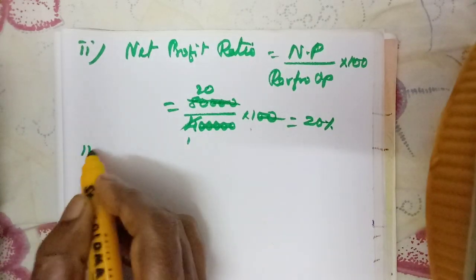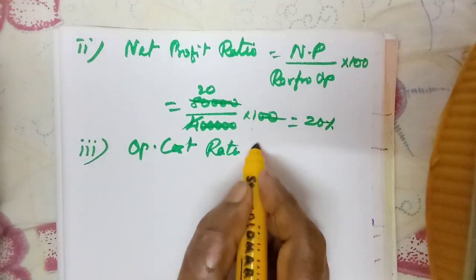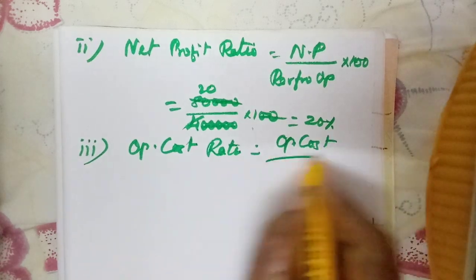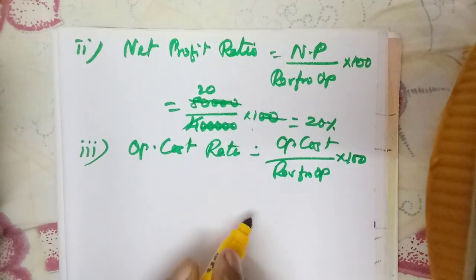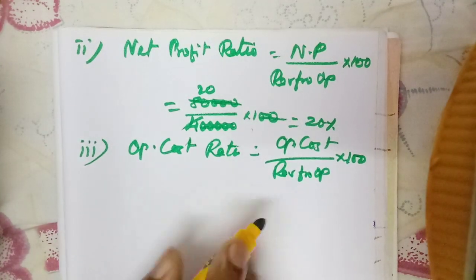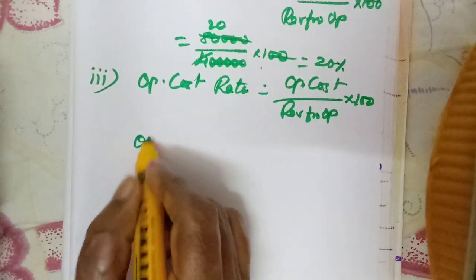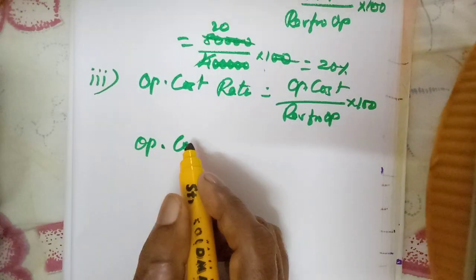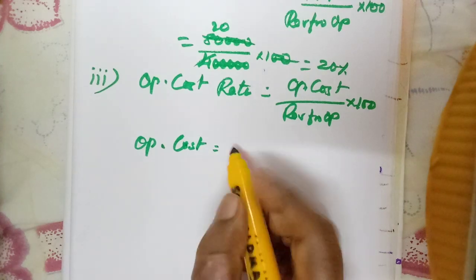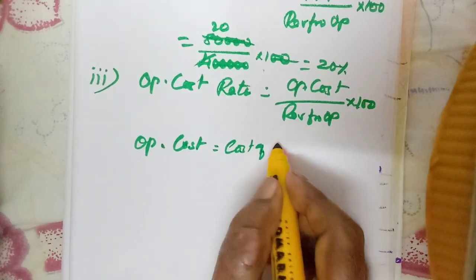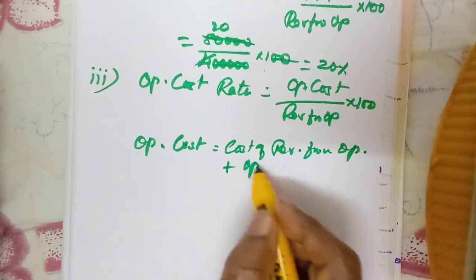Then third one, operating cost ratio. Operating cost divided by revenue from operation into 100. Here we need to calculate the operating cost. Operating cost is cost of revenue from operation plus operating expenses.